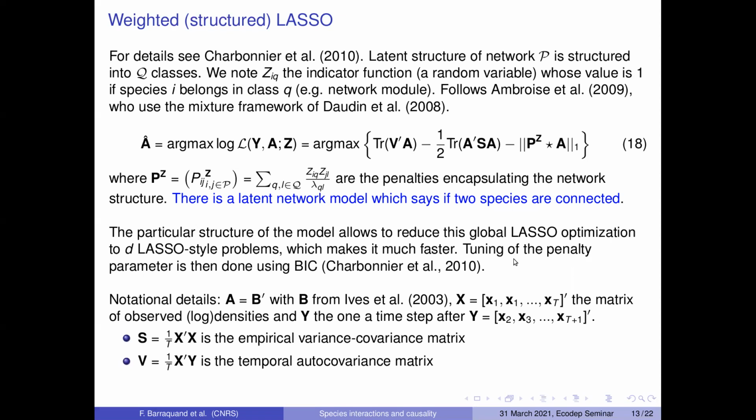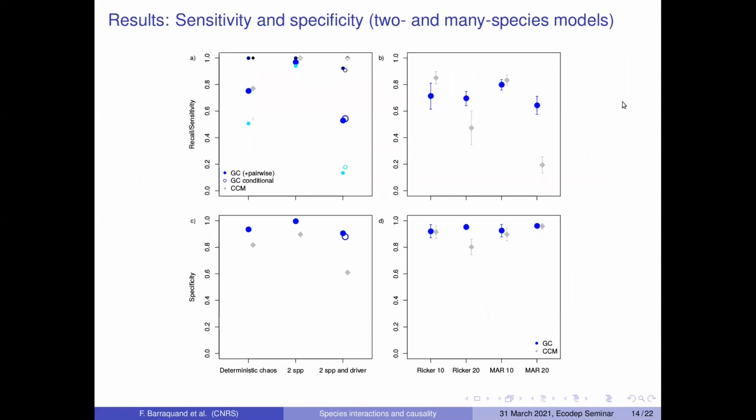And then they tune their penalties using BIC, and there's much more detail in this nice paper. So now I will leave the weighted lasso and move on to the results.